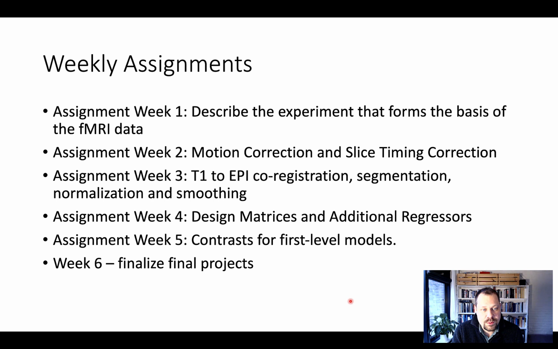We'll go into co-registration here, then segmentation of the T1, which breaks down the T1, the anatomical data set, into specific subparts, including white matter, gray matter, cerebrospinal fluid, skull, and all the rest that's outside of the brain. And that allows SPM, the program, to align it.